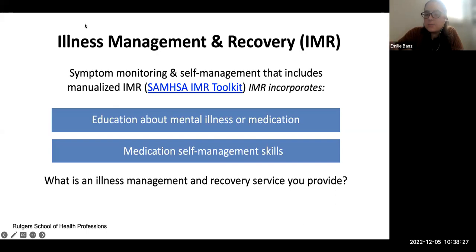So what is an illness management and recovery service that you might provide? And I'll also ask, has anyone here used the SAMHSA IMR toolkit?